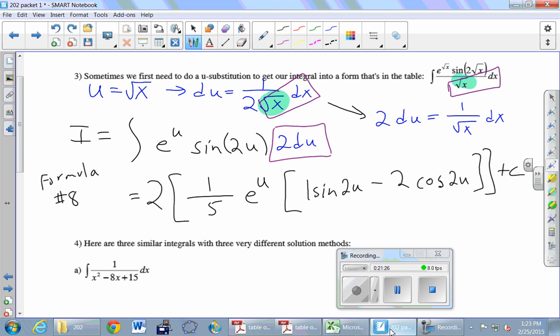All right, and then I'm just going to change all of these u's into what? Square root of x. So I'll be lazy. Don't be lazy. And I'm just going to cross them off.